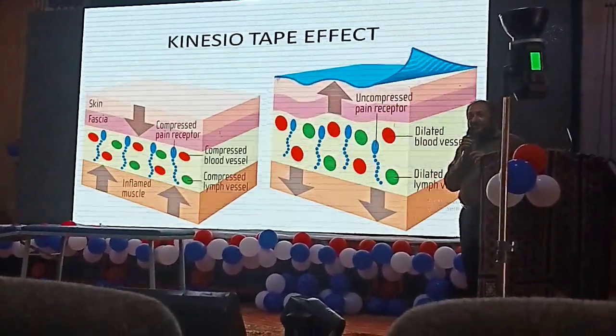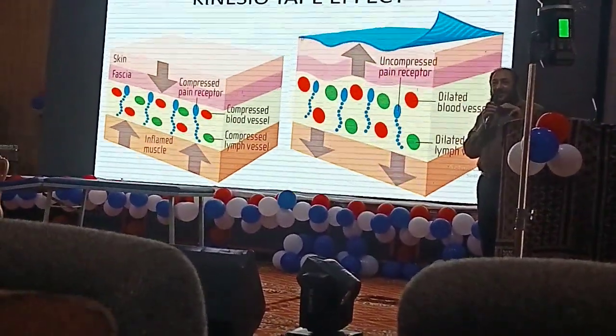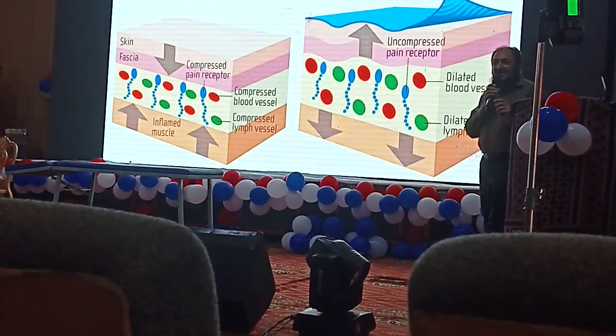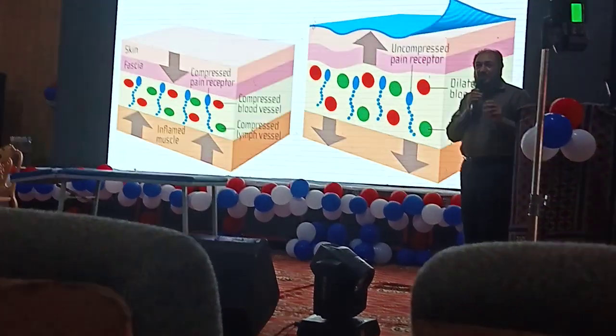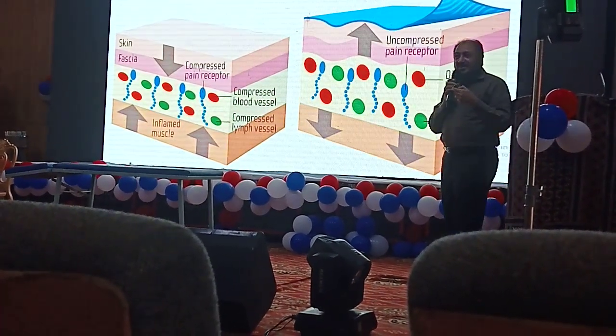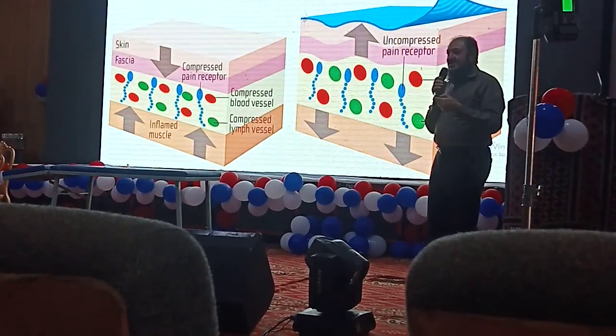So by lifting the skin, you can actually create more space for the blood and the pain receptors, to allow more circulation to the area and then increase the healing process.